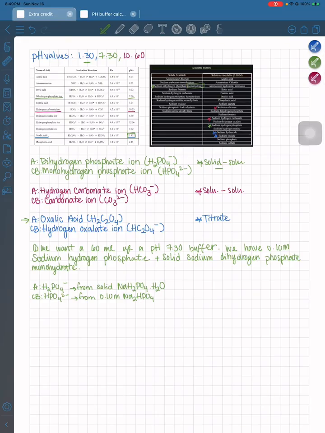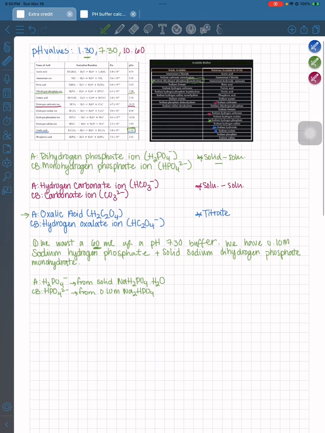Now that we have everything we need, we can move on to our calculations. So we want a 60 milliliter solution because that is the max amount that Uting has recommended for us to use. So therefore we're going to stick to 60 milliliters. We want that as a pH 7.30 buffer. We have 0.10 molar sodium hydrogen phosphate and solid sodium dihydrogen phosphate monohydrate.